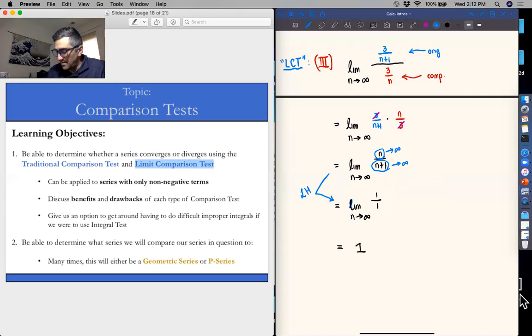So what does this mean? Well, since the limit of the ratio of our series functions as n goes to infinity came out to be a finite non-zero number, both series will do the same thing.